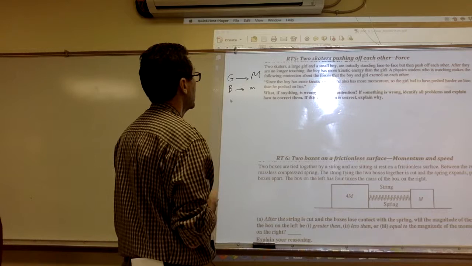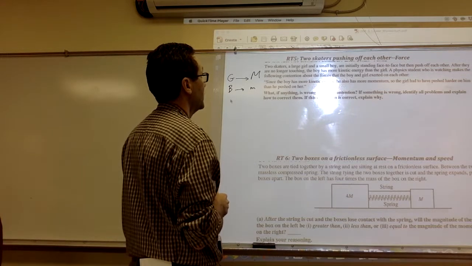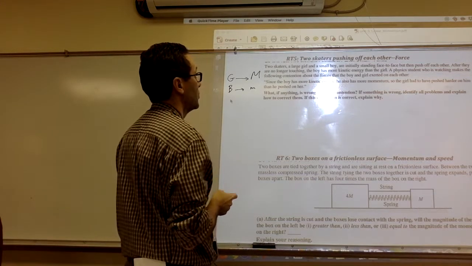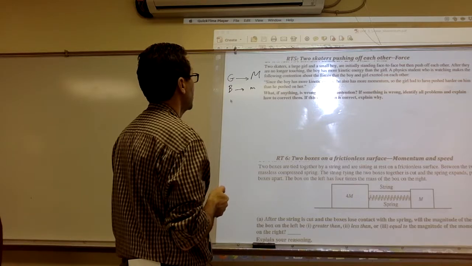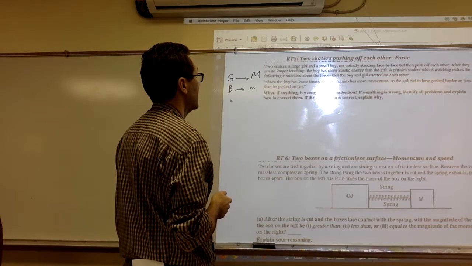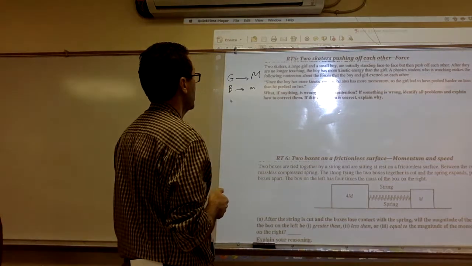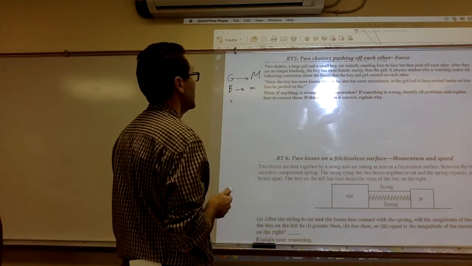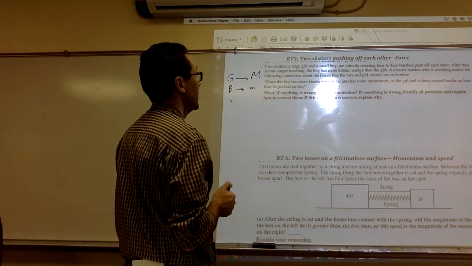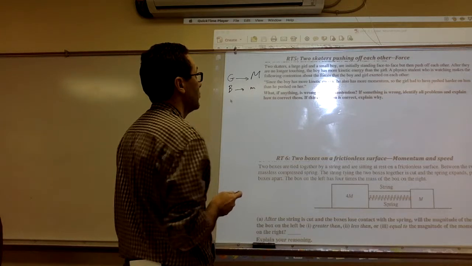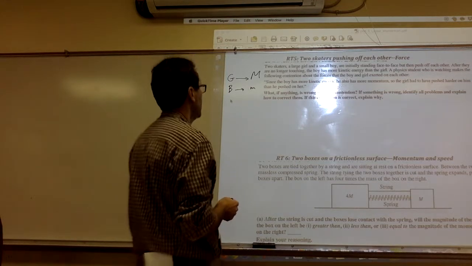After they are no longer touching, the boy has more kinetic energy than the girl. A physics student who is watching makes the following contention about forces that the boy and girl exerted on each other. Since the boy has more kinetic energy, he also has more momentum. So the girl had to have pushed harder on him than he pushed on her.